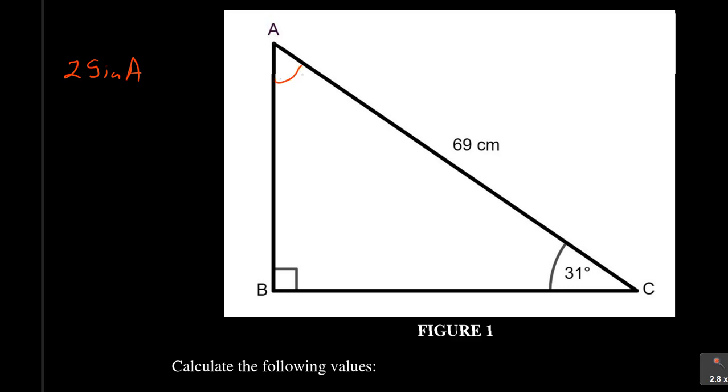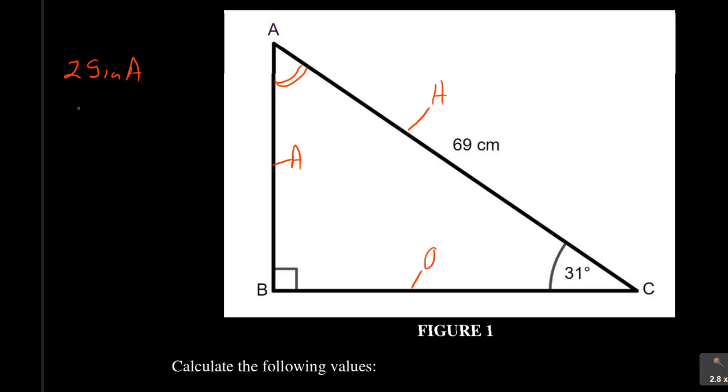This is our A here, and if this is our A, the sides will change. We still have this as the hypotenuse, but with A as the reference, this becomes our adjacent and this becomes our opposite.